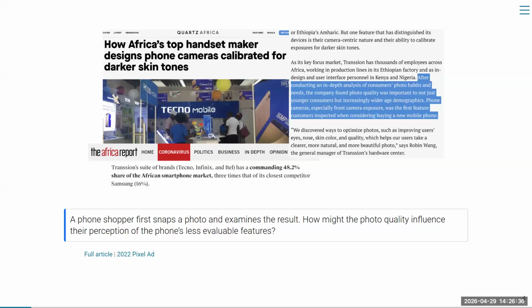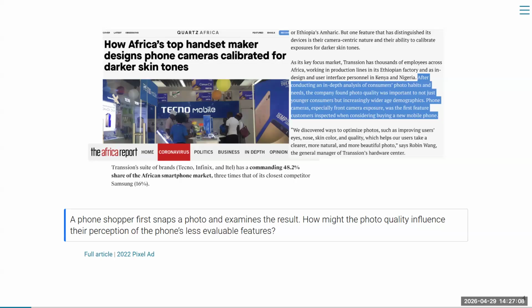And in Africa, what the company reports is that many consumers, when they consider which phone to buy, what's the very first thing that they do? They open up the camera app, they take a picture of themselves, they go to the photos and they look at the picture. And from that initial experience of the picture quality using default settings, they then form a quality perception of the phone overall.